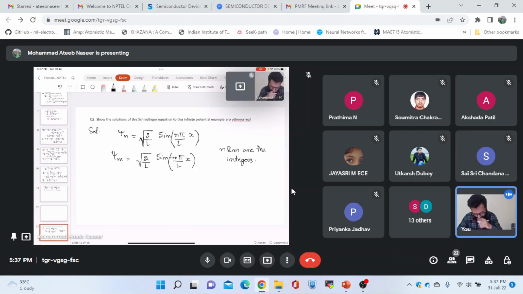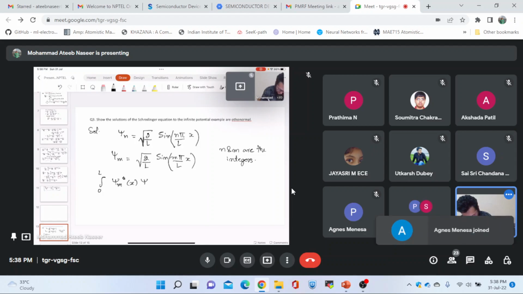So what I was saying is that if we have two solutions to this infinite potential problem, which we write as psi n and psi m, we have to check the inner product. The limits would actually be 0 to infinity, but since the potential barrier is infinite and the particle lies between 0 and L, we simply integrate over 0 to L of psi m star x times psi n x dx.